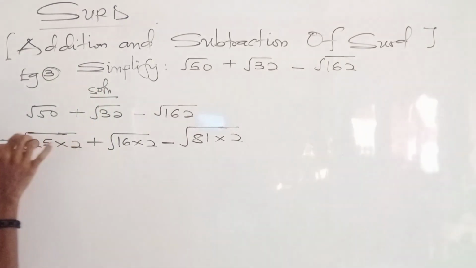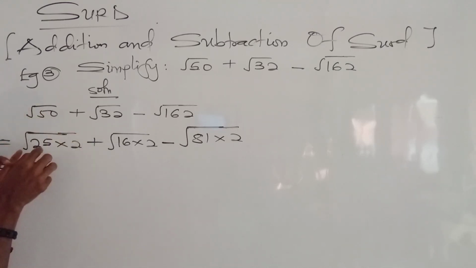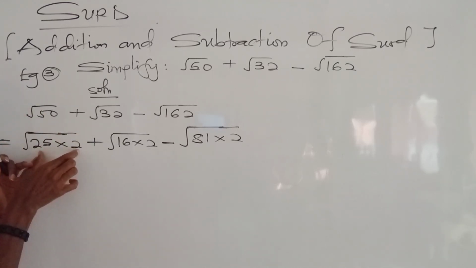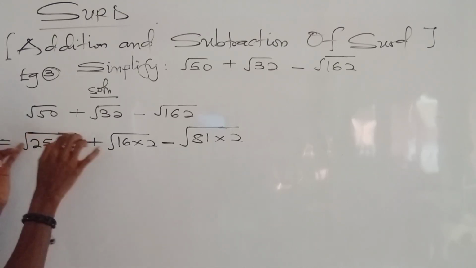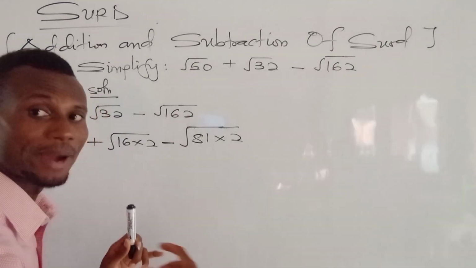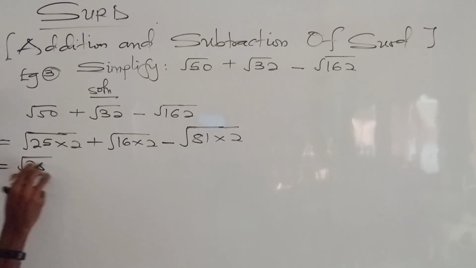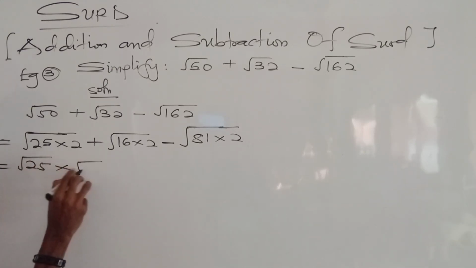The square root sign affects each term here, so we can separate them by writing it as square root of 25 times square root of 2.